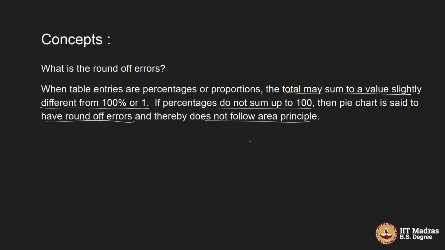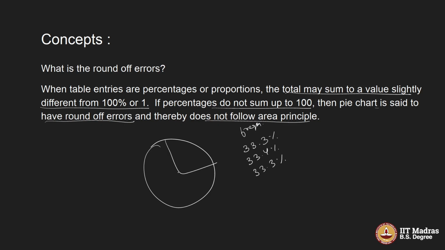Suppose we have 33.3%, 33.4% and 33.3%. We have the frequency here, we have the relative frequency here, and now we make a pie chart. This represents 33.4%, this represents 33.3% and this represents 33.3%. Now, for easy calculation, if we round off these values, we get 33%, 33% and 33%.